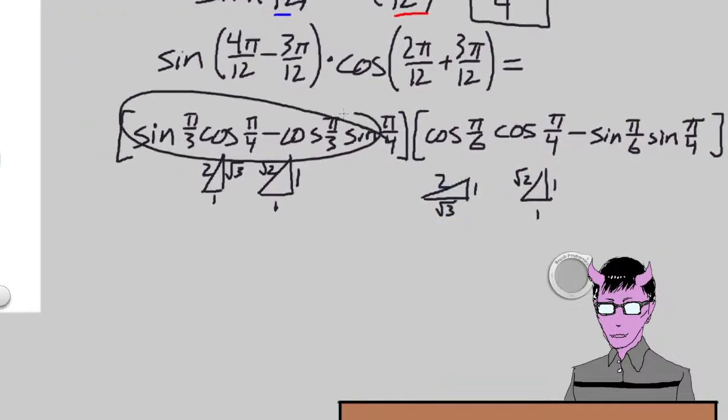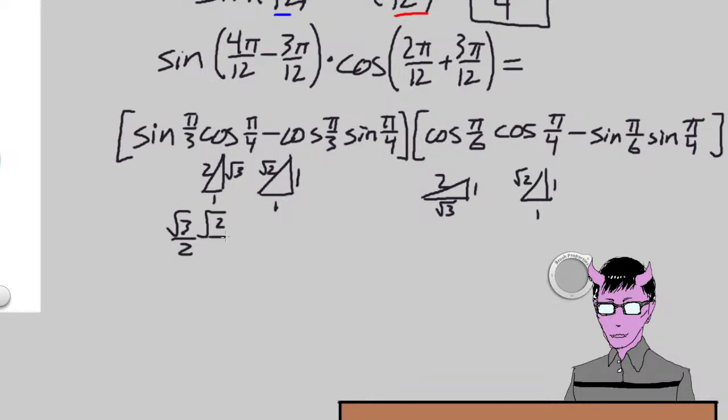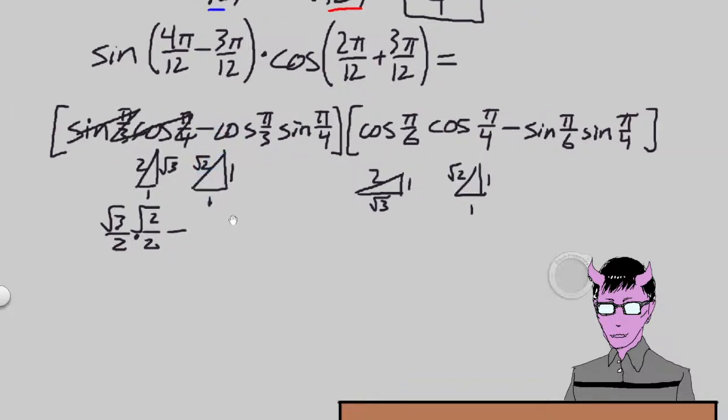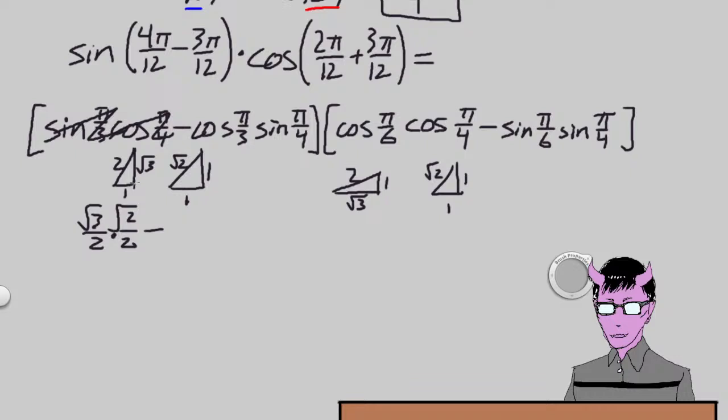Alright, getting to evaluate those, we have sine, which is root 3 over 2. Cosine, which is root 2 over 2. Minus sine. Cosine of that is 1/2. Sine of that, whoops, root 2 over 2. It's the same as this one.